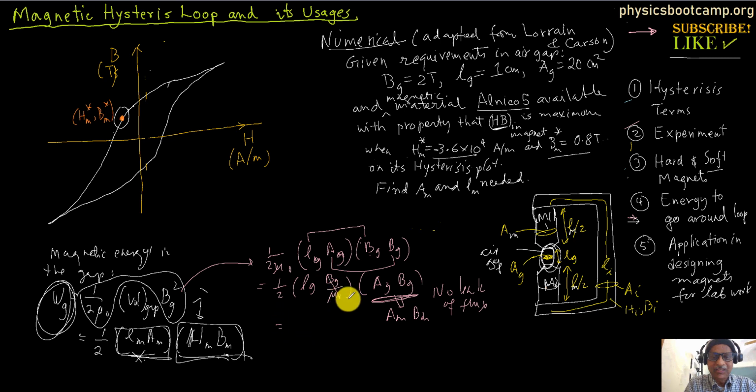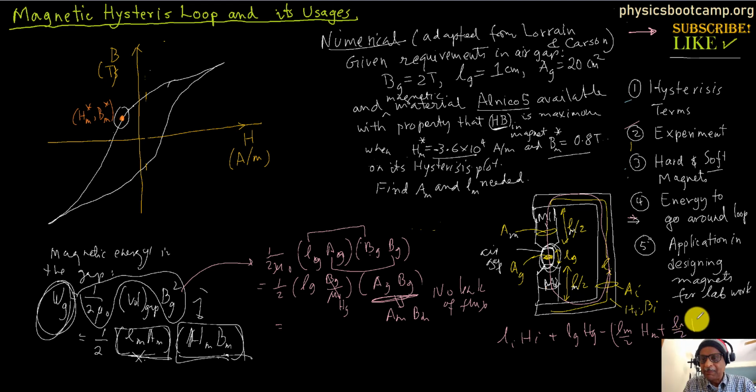And so this just becomes Hg, and if you go around a loop, you have Li Hi plus Lg Hg minus Lm over 2 Hm plus Lm over 2 Hm equal to 0. So this will just give you Lg Hg.